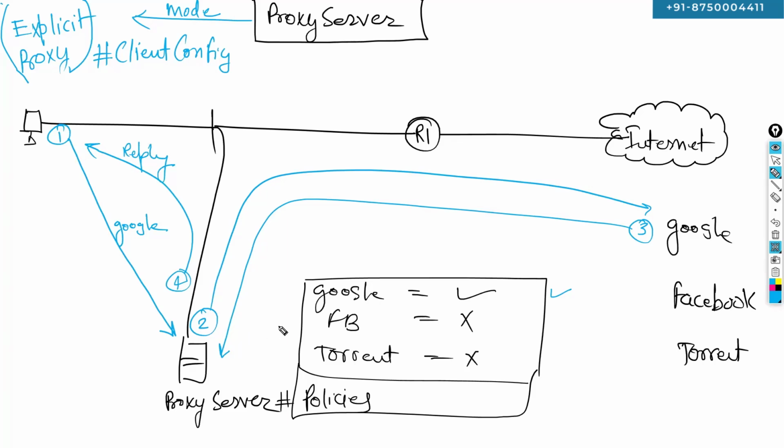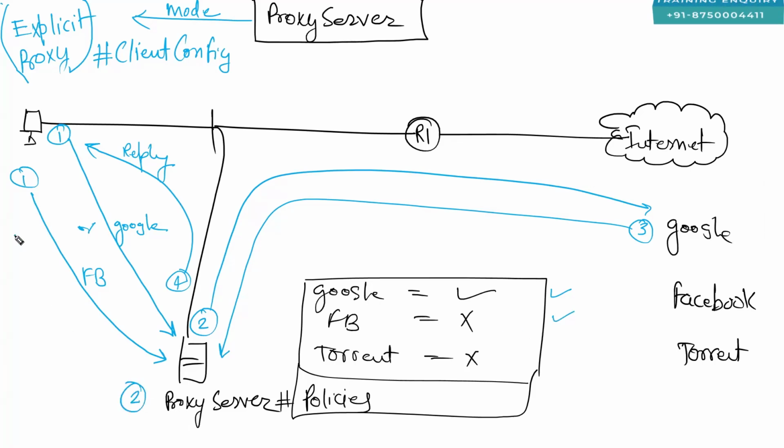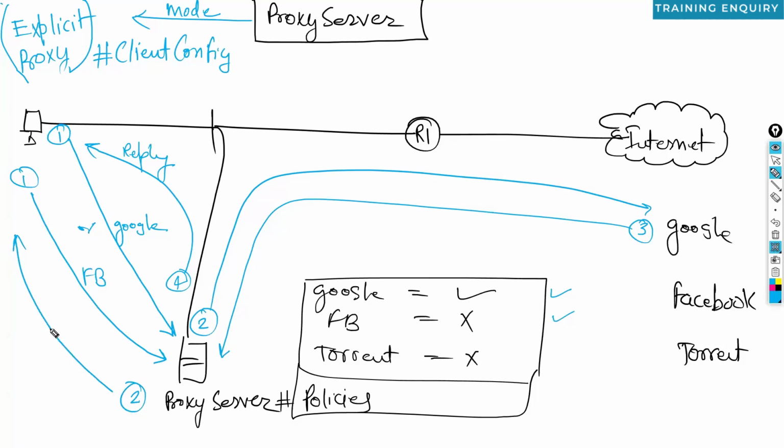Now you can see Google is allowed. If the client says no, second request, I want to communicate with Facebook, the request will come to the proxy server. The proxy server knows that Facebook is denied. Now the proxy server will say to the client that Facebook is denied.